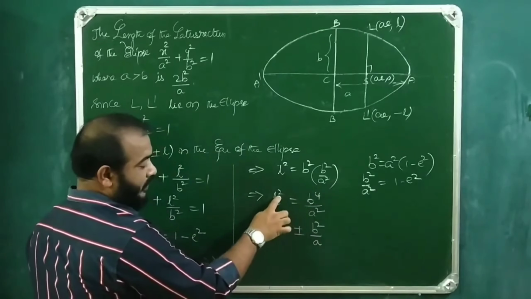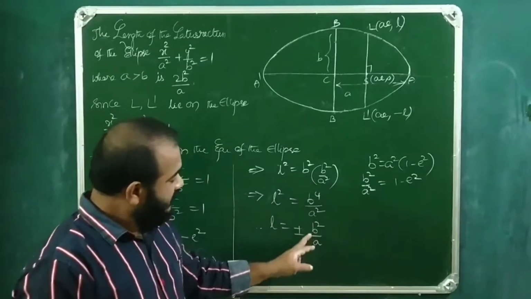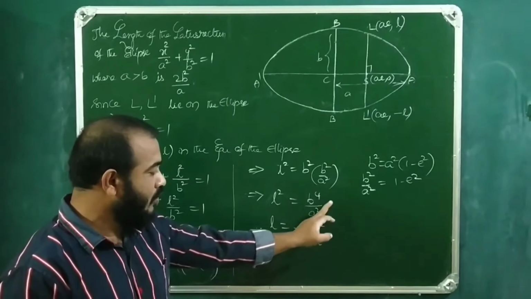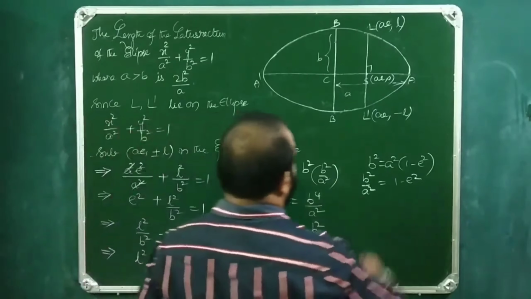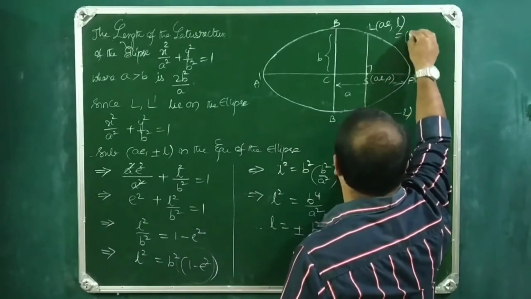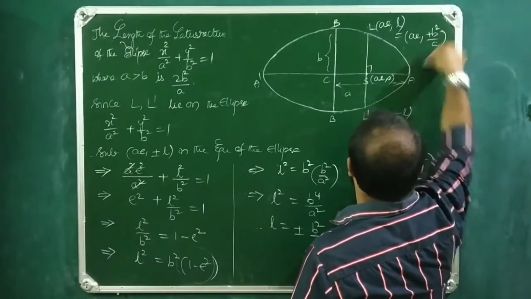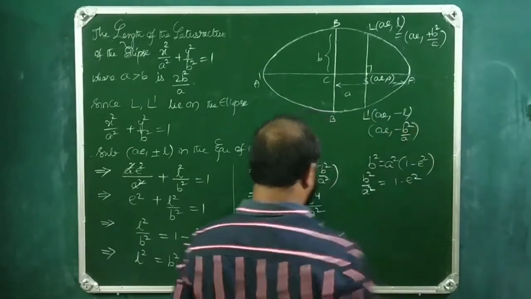Applying the square root on transposing to the other side, square root gets cancelled. We got this. Therefore, the ends are a e comma b square by a, and a e comma minus b square by a.